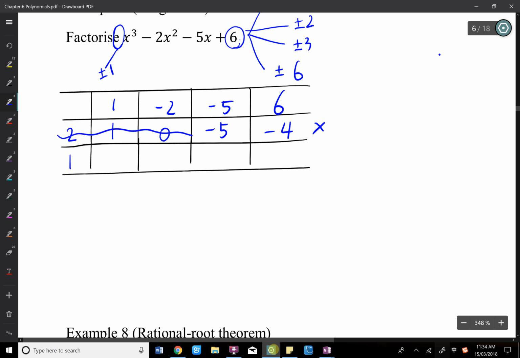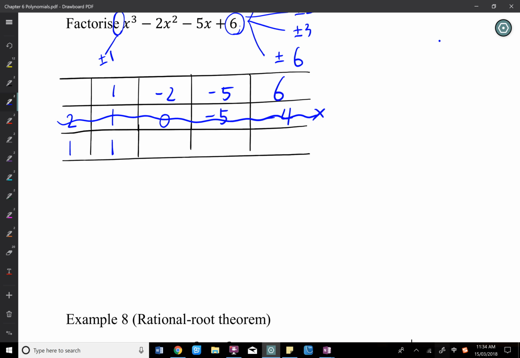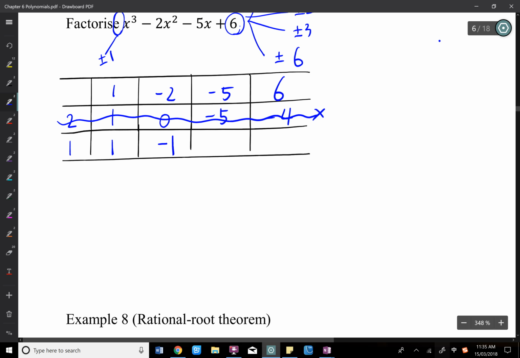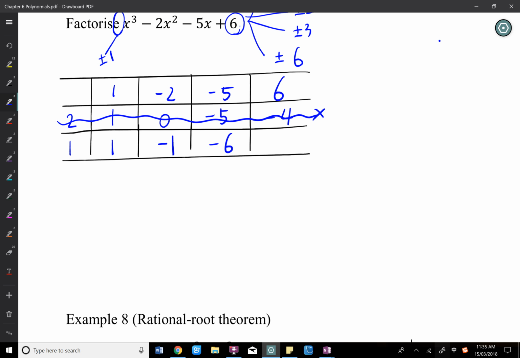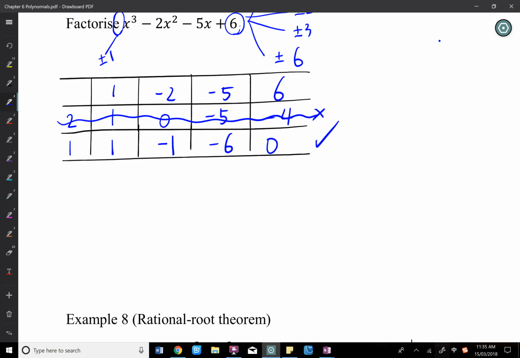This row is not working, so I don't look at that anymore. The first number is 1. 1 times 1 gives you 1. 1 minus 2 gives you minus 1. Minus 1 times 1 is minus 1, plus minus 5 is minus 6. 1 times minus 6 is minus 6, plus 6 is 0. This one is a good number because I got remainder 0.